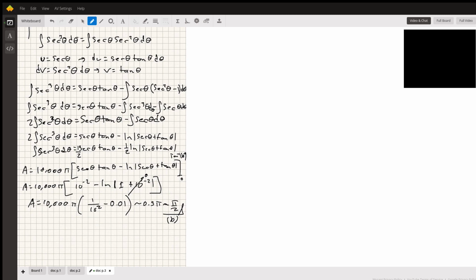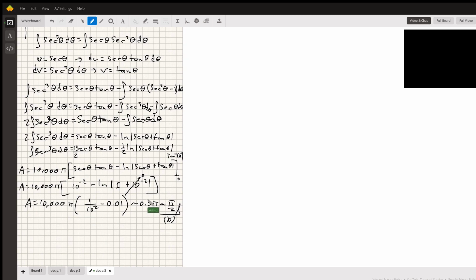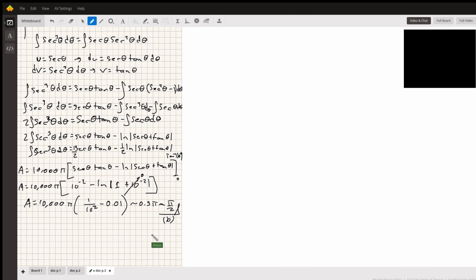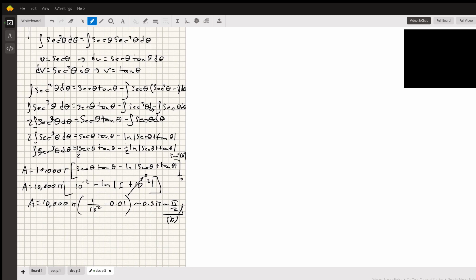Simplifying all this, the area becomes 10,000 pi times the evaluation of the result of the integral from 0 to tangent inverse of 10 to negative 2. After simplifying this, there's a little trick. It seems like the 10 to negative 2 is way smaller compared to 1, so it seems intuitive to just neglect the term and assume the natural log of 1 is 0.